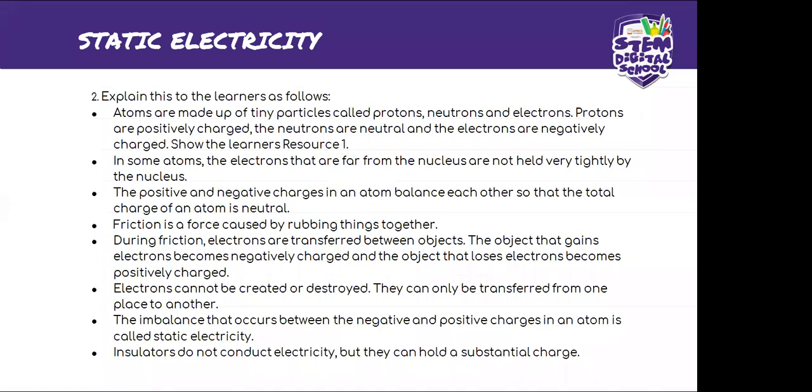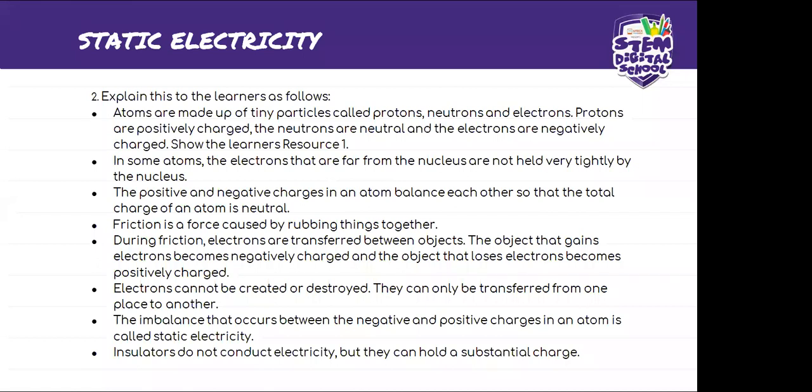Since object A gains electrons, it means the negative charges are more than the what? The positive charges. So it will become negatively charged. And this one that has transferred the electrons to this one that has gained them will be what? Positively charged, because it has lost electrons.